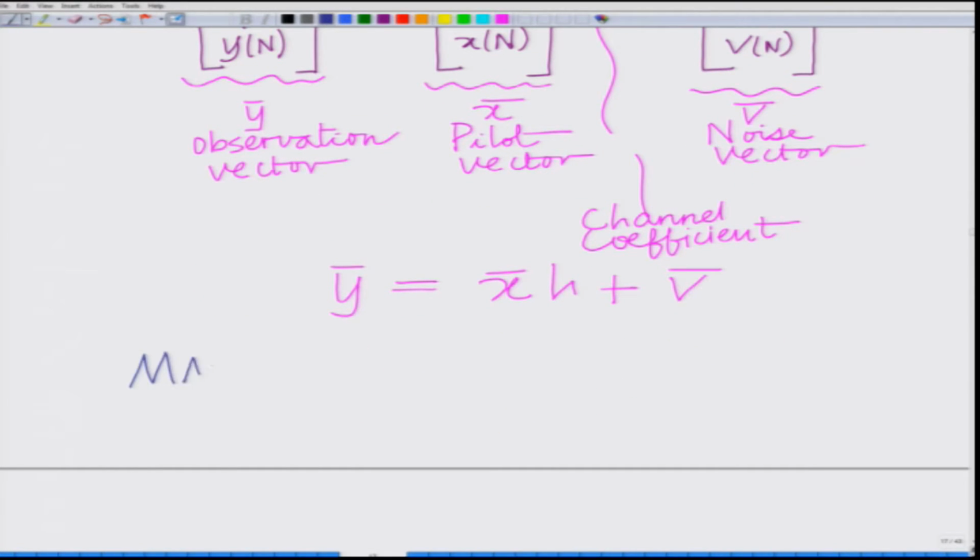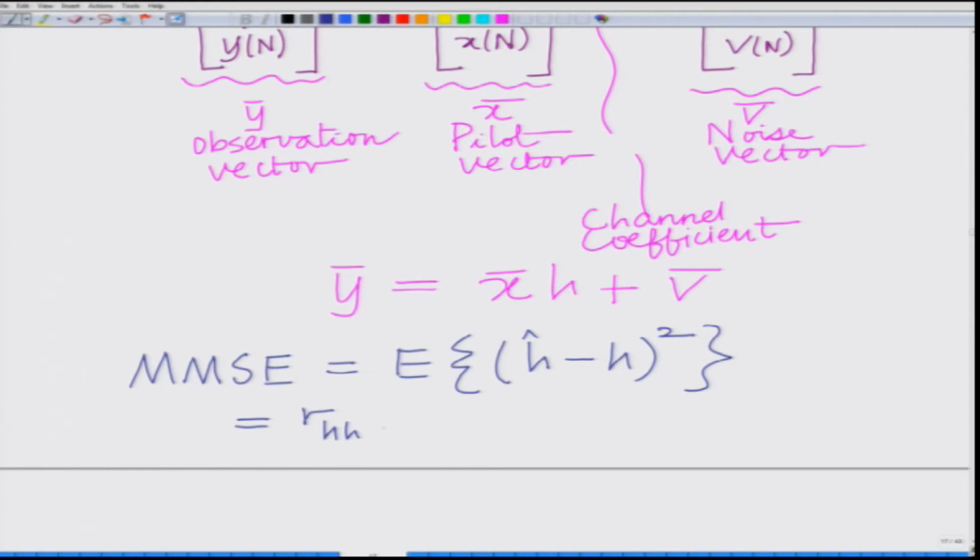and the MMSE, that is the minimum mean squared error, is equal to the expected value of magnitude of h hat minus h whole square. This is equal to RHH minus RHY times RYY inverse times RYH, correct?